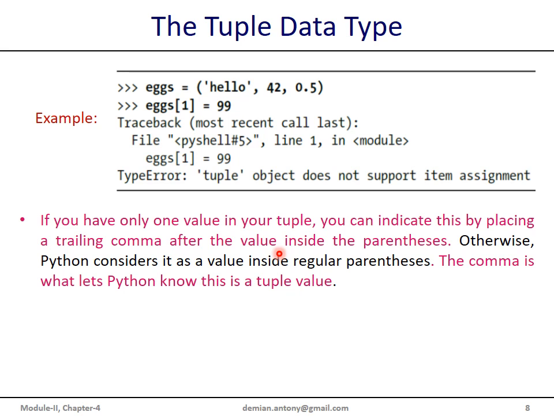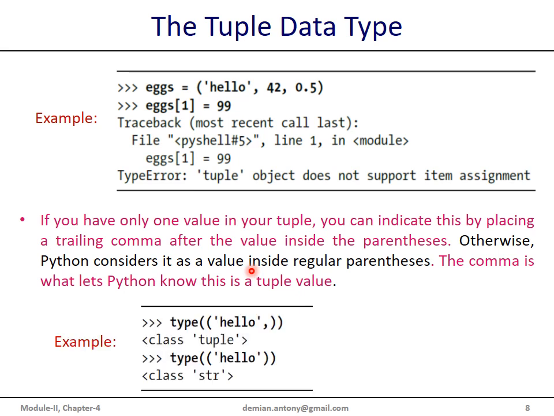If you don't use a trailing comma, then whatever expression is found within the parenthesis is considered a regular expression within parenthesis, and it will not be treated as a tuple, because there is no difference between an expression and the tuple if you don't put a trailing comma.